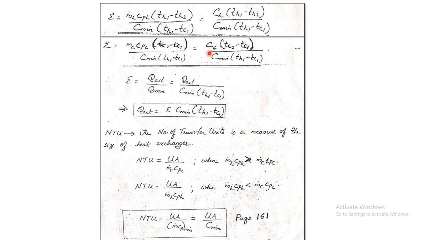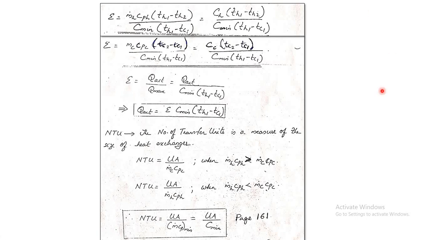To consider the cold fluid, you can write Cc times Tc2 minus Tc1 divided by C minimum times Th1 minus Tc1. This denominator is common for both equations. It is the maximum possible heat transfer available in a heat exchanger.